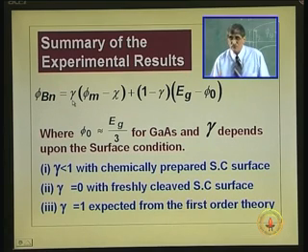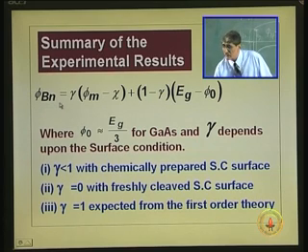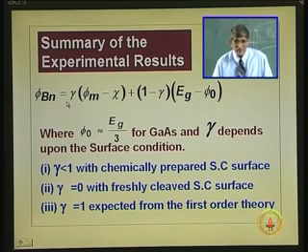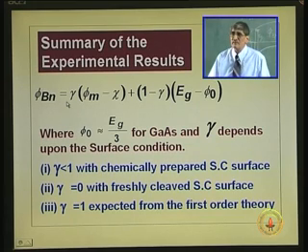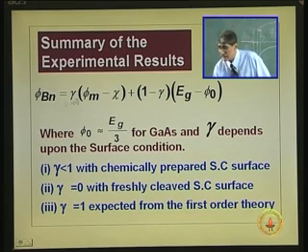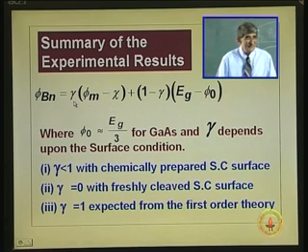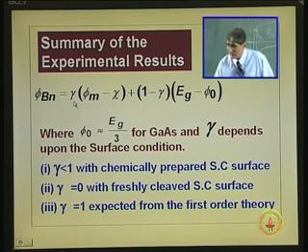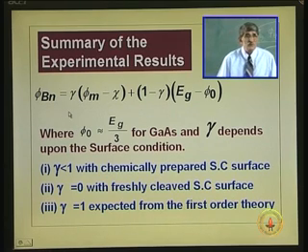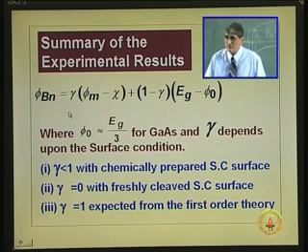If gamma is equal to 1, see there is phi b n equal to gamma. What is gamma we will see afterwards. We will derive this equation, it is very simple, because if you know the theory you can derive it in 4 steps. We will do that today. Gamma, if it is 1, phi b n becomes equal to phi m minus chi, that is our first order theory. Okay. In fact, that would correspond to interface state density 0, ideal.